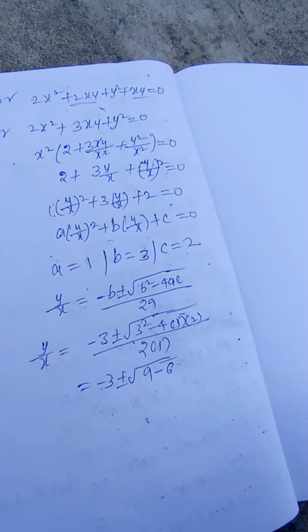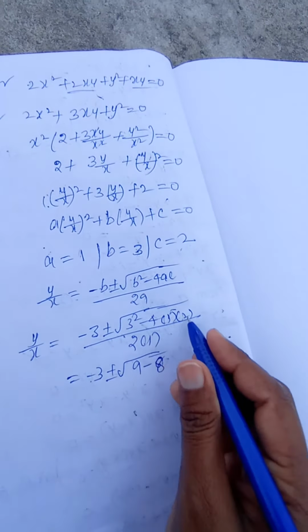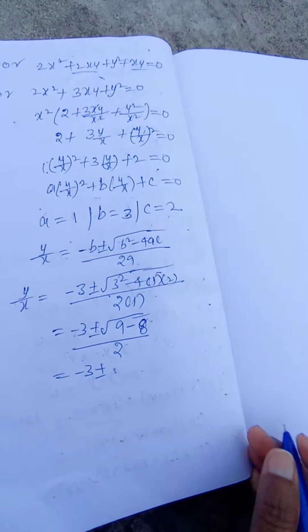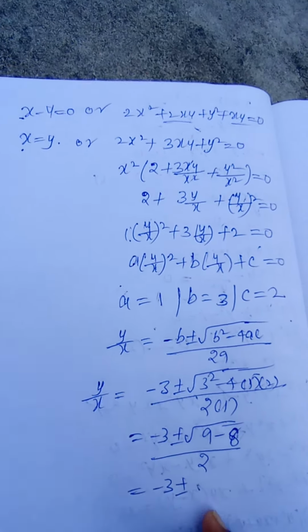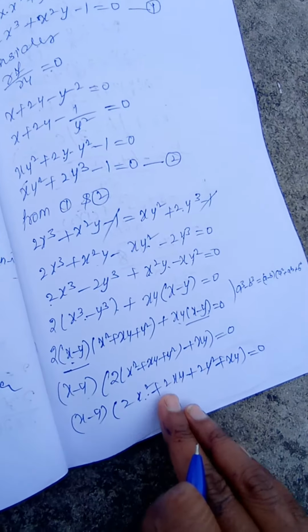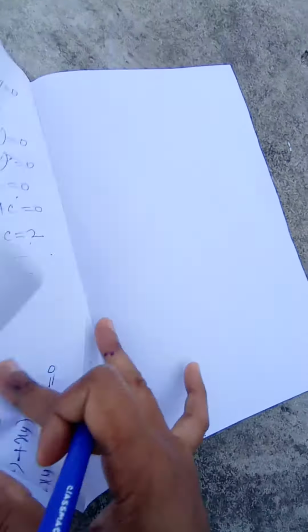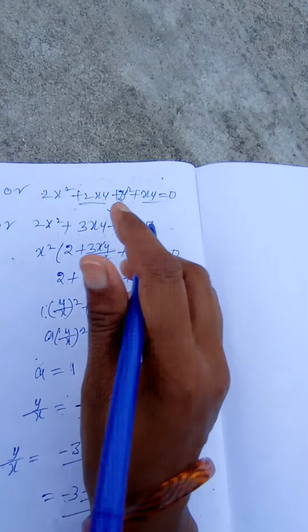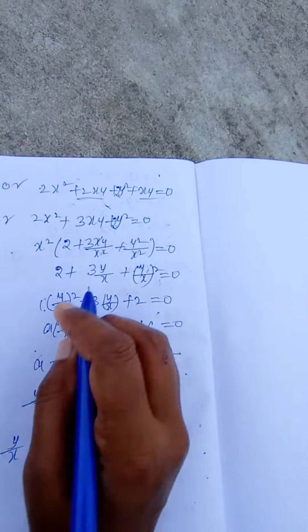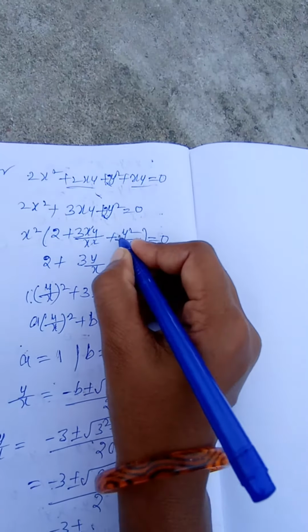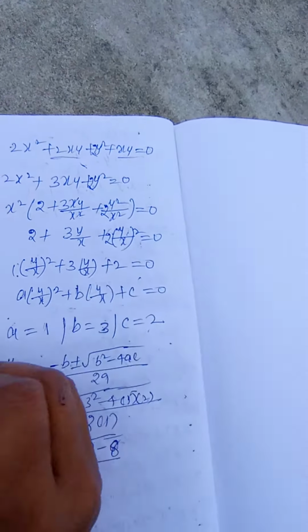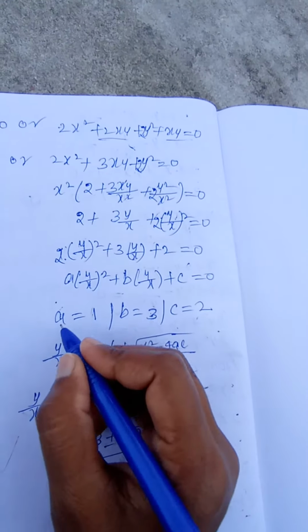Here a small correction: it is 2y square, so a equals 2.